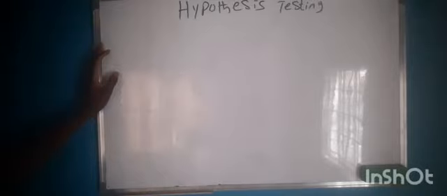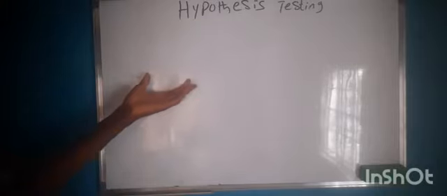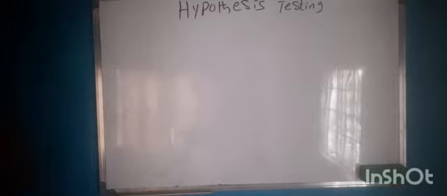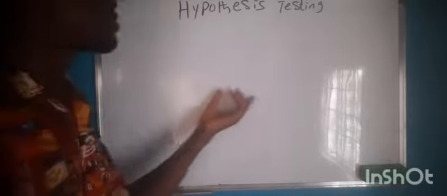And in order to ascertain whether that claim is to be accepted or rejected, what do we do? We take a sample out of the total population. So as a statistician, you are called to test the hypothesis about that particular claim the company made.